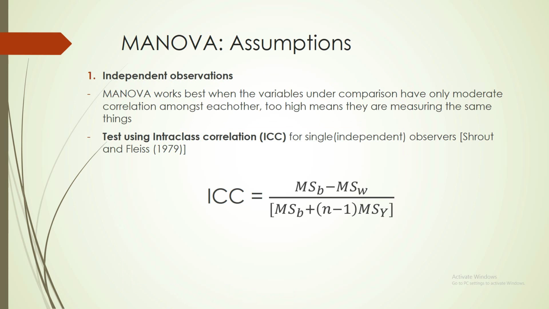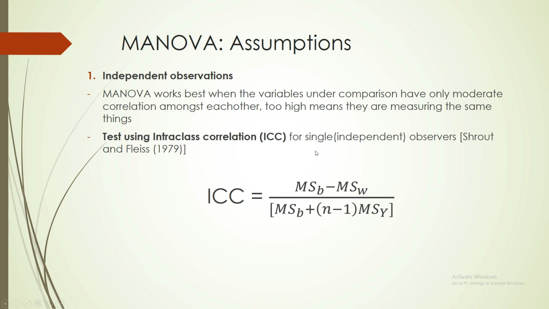Now, there are 3 assumptions about the data that must be met before MANOVA can be carried out. And the first assumption is the independent observations assumption. So MANOVA works best when the multiple outcome variables that are under comparison between different groups have only a moderate correlation amongst each other, but not too high.